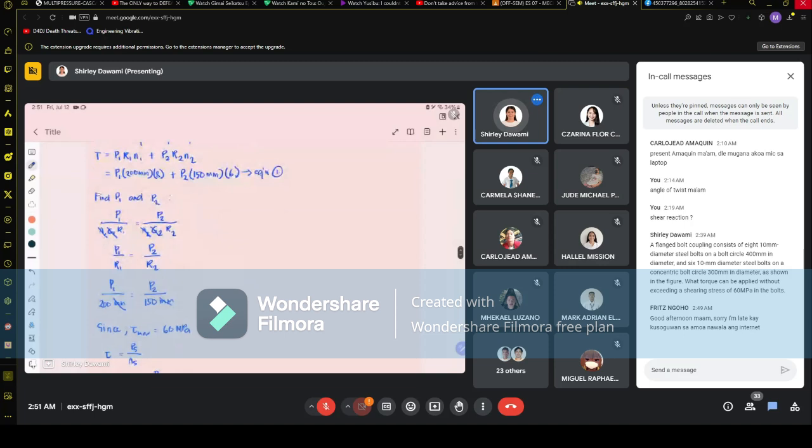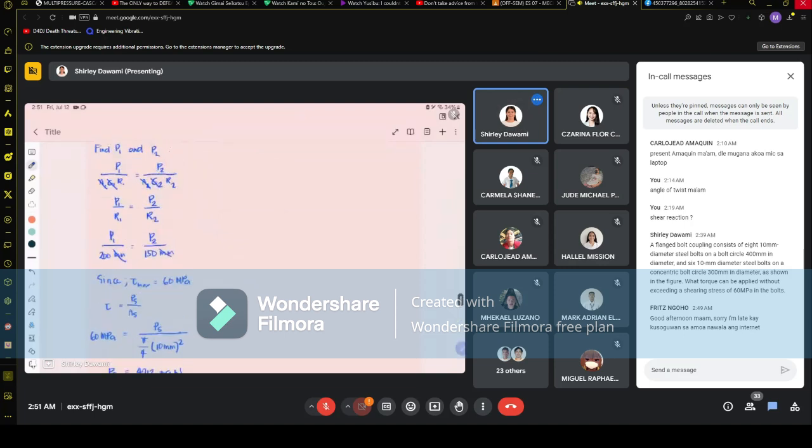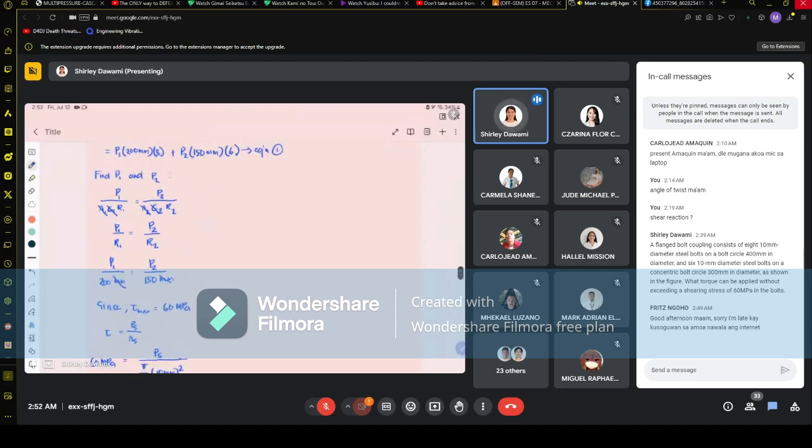Now, which has the bigger shearing force, the one on the outer bolt circle or the one on the inner bolt circle?